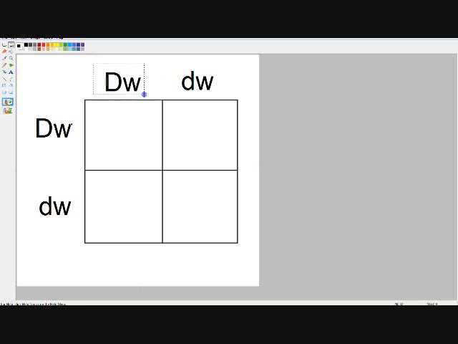So if we were to cross these parents, we would have a dominant and dominant allele.